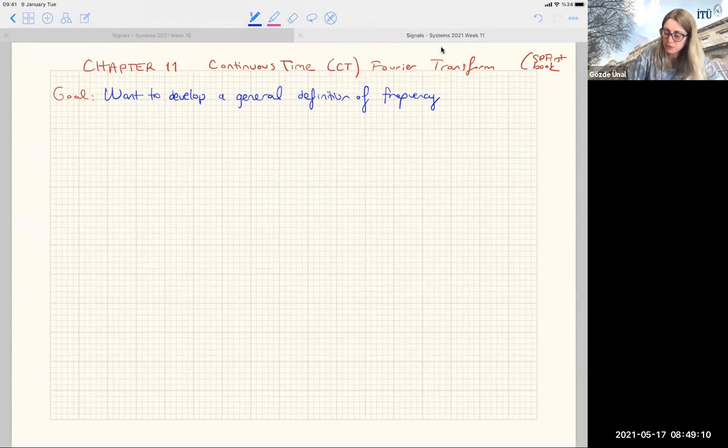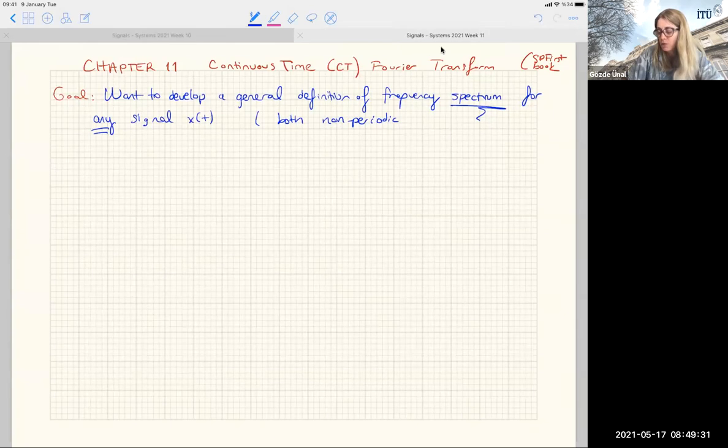Remember, since the first week, we have been looking at the spectrum of a signal, right? Frequency spectrum for any signal x of t, this would mean both periodic and non-periodic. Actually, our main goal here will be non-periodic, and also periodic.